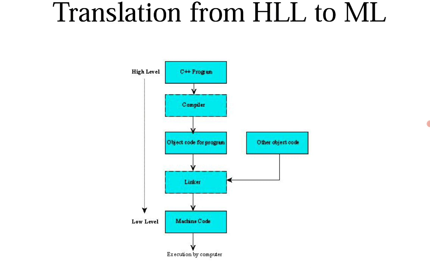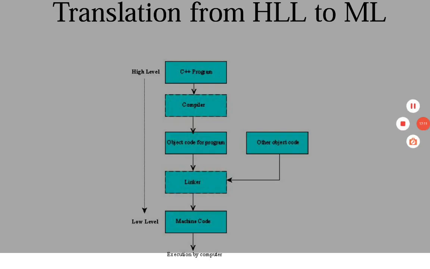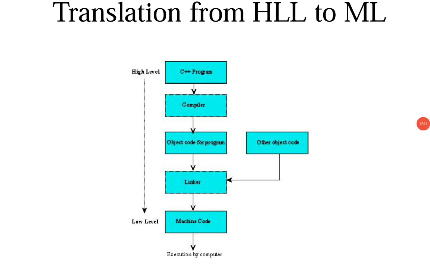Generally, all executable files, like the .exe files and .com files, are ready to use by simply typing the name of the program. So a linker is another type of application program generally used to convert the object code into equivalent executable code or machine code.